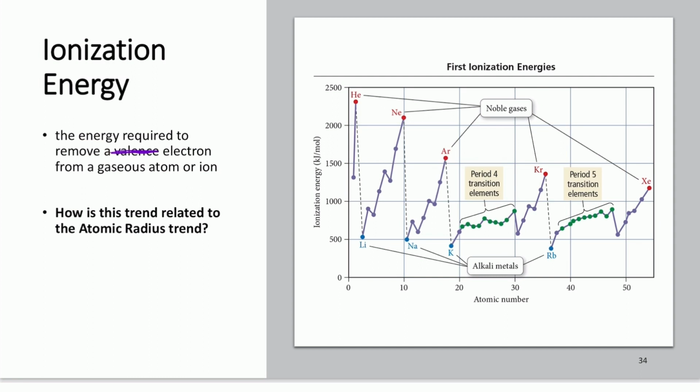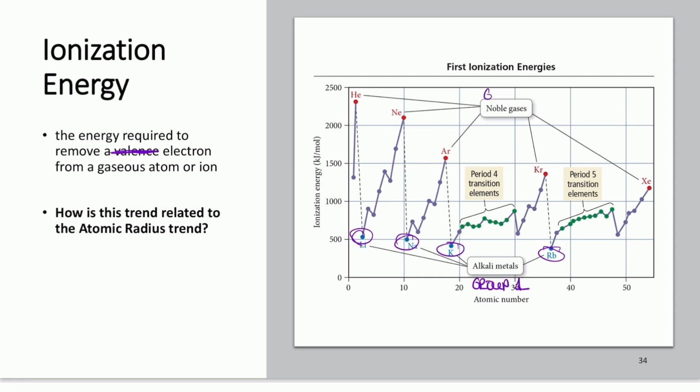We can see a picture here that shows some different metals, specifically our alkali metals. Remember, alkali is group 1. And their energies. And so we see lithium, sodium, potassium, rubidium, comparative to their noble gases.